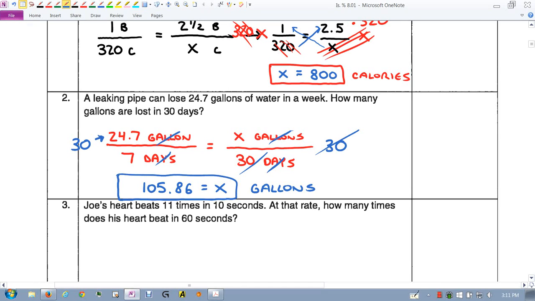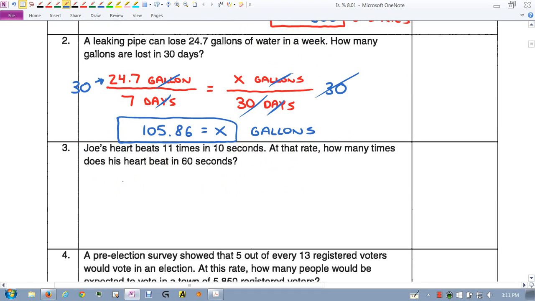Joe's heart beats 11 times in 10 seconds. At that rate, how many times does his heart beat in 60 seconds? So I'll set up the ratio: 11 beats per how many seconds? 10 seconds.